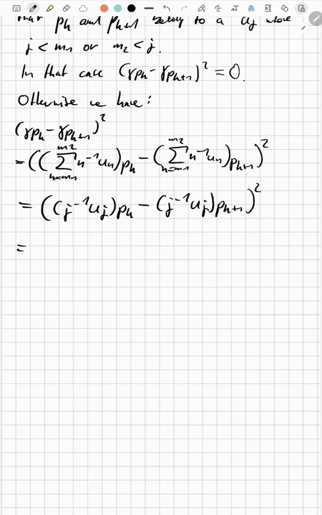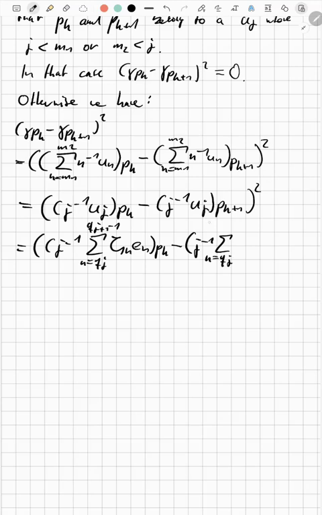And this is the j to the power of negative 1 times this sum right here. This is just the definition of uj, right? Zeta n en, pk minus j to the power of negative 1, and here we have the same, qj up to qj plus 1 minus 1, zeta n en.